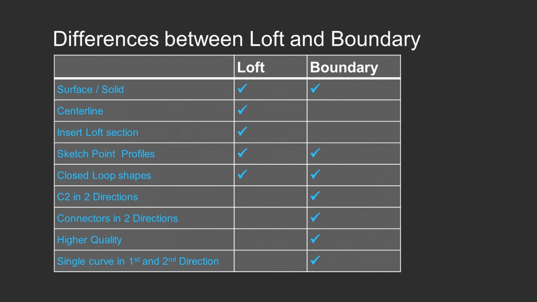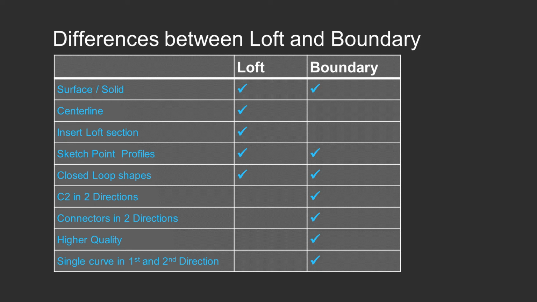And I'll get a little bit more into when you want to use boundary versus some of the other advanced features. But as you can see from the list here, boundary will do most of what Loft can do. There's a few exceptions left still.